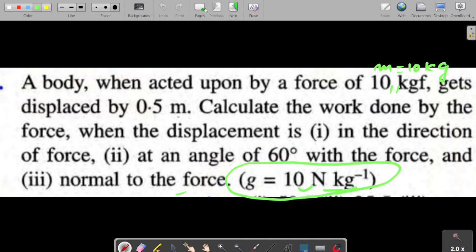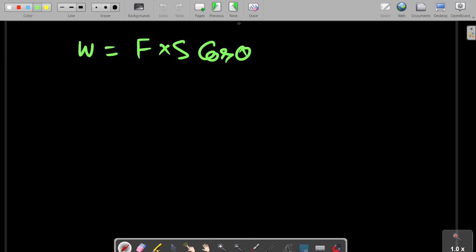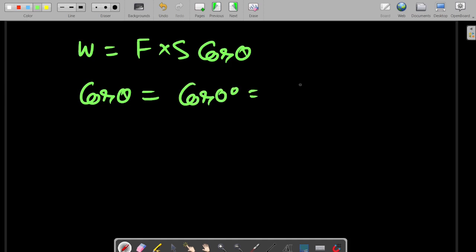So here, if force and displacement both are in the same direction, then in this case the angle is 0 degree and cos 0 is equal to 1. So here your expression for work will become W is equal to F into S.